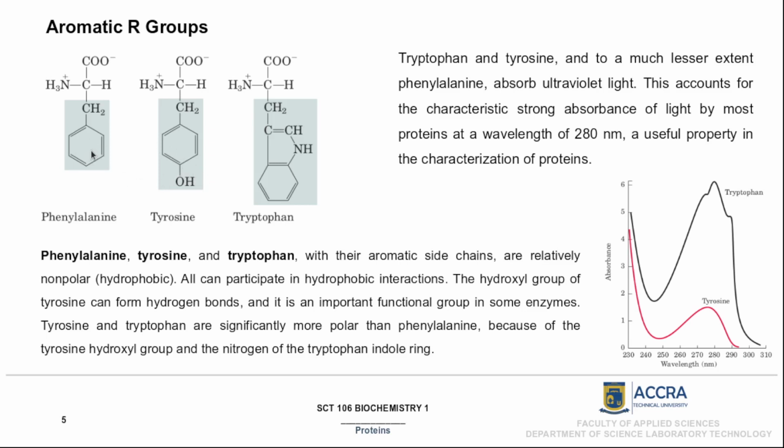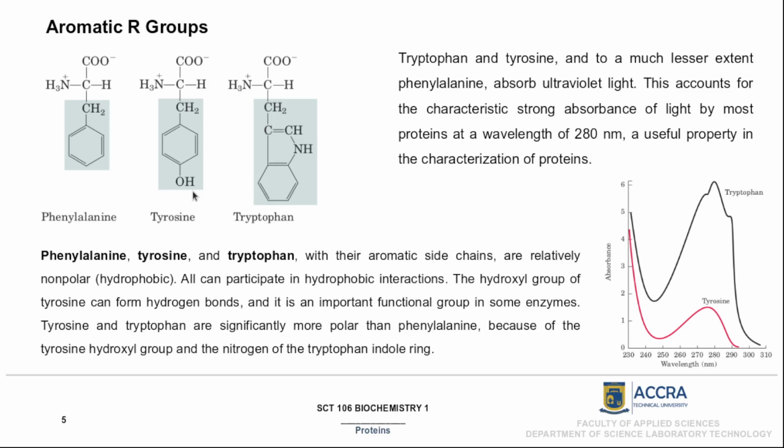So you have phenylalanine not having a hydroxyl group, and tyrosine having a hydroxyl group over here. And this hydroxyl group on tyrosine is an important functional group in some enzymes. Indeed, in some enzymes, this hydroxyl group acts to hold substrates in place for the enzymes to act on them.